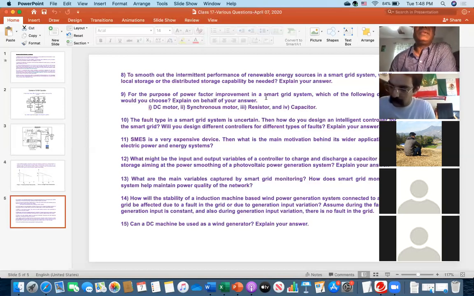So it has no role in improving the power factor. Similarly, the first one, the DC motor, is not related to power factor, because in case of DC there is no question of any reactive power. So you must not choose the DC motor.